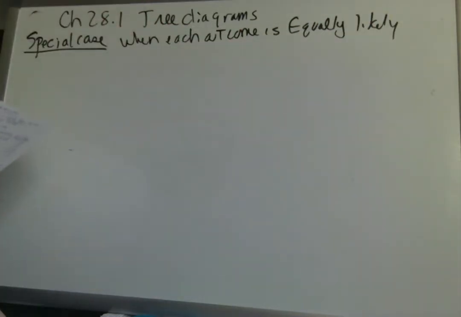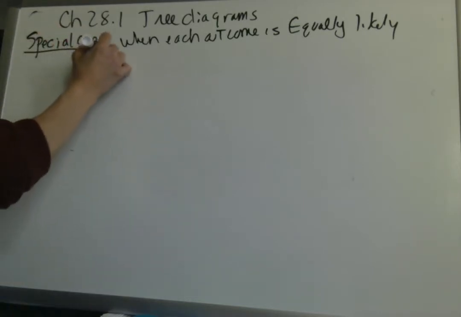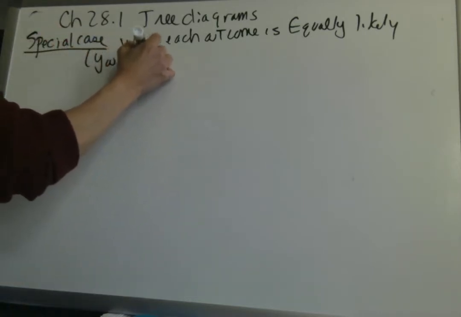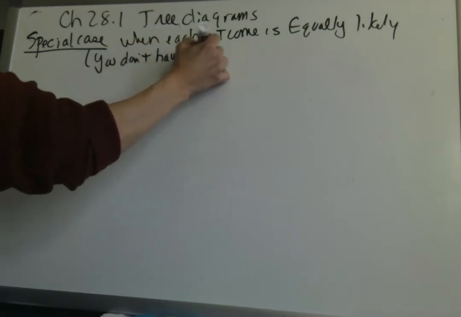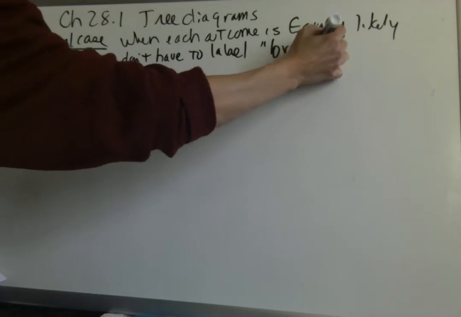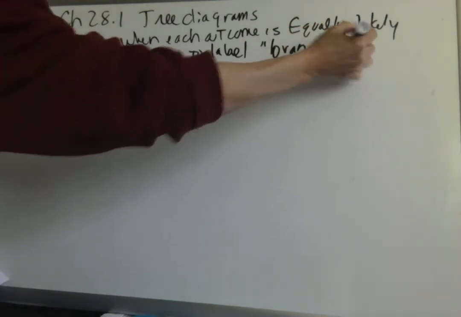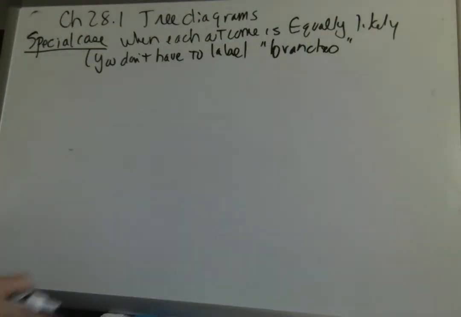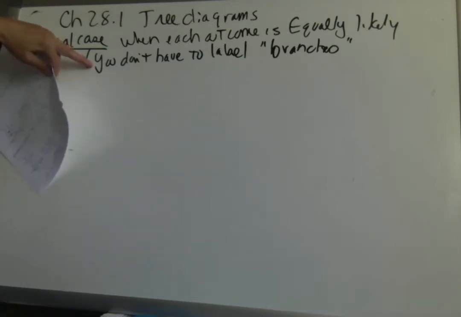The special case is when each outcome is equally likely. So since it's called a tree diagram, you're going to have things called branches. This probably isn't going to make sense yet until we do our second problem. But on the special case, you don't have to label the branches.